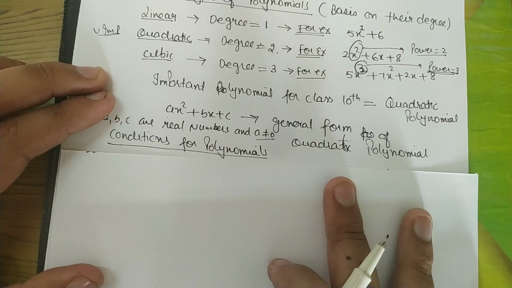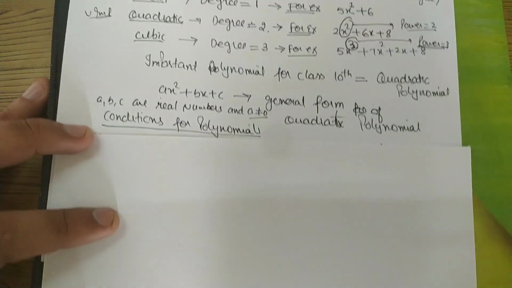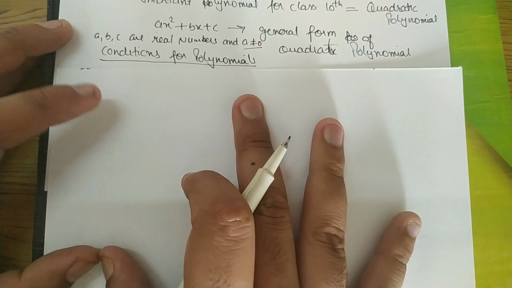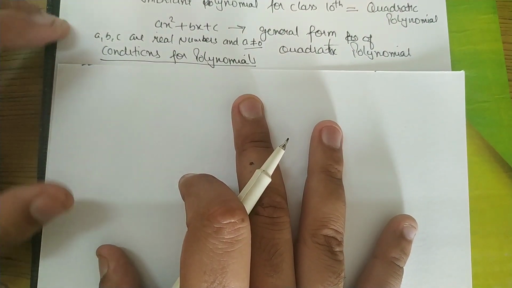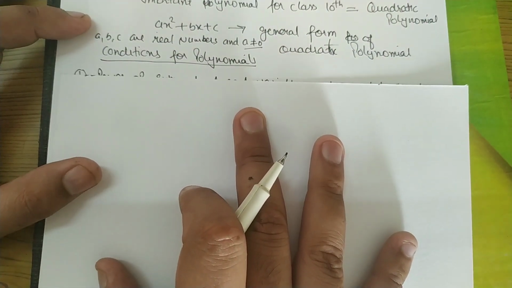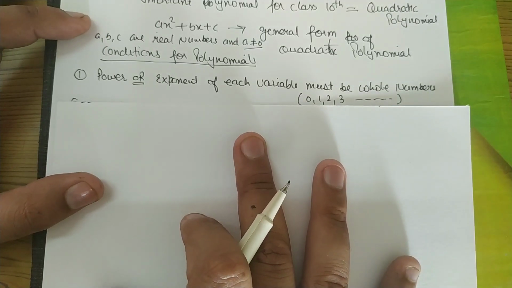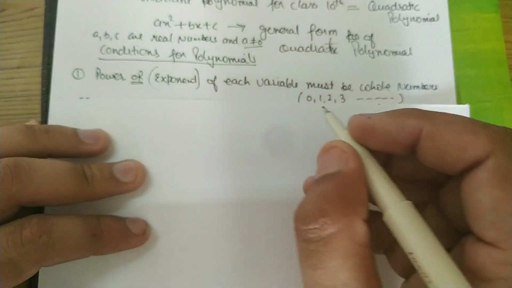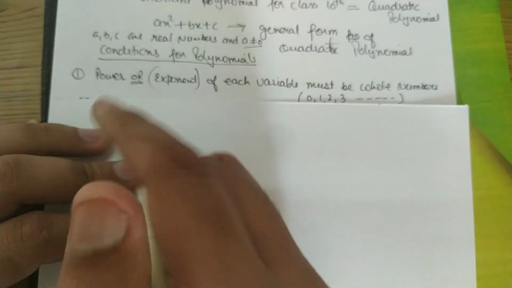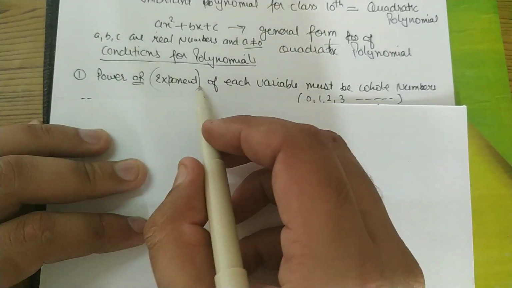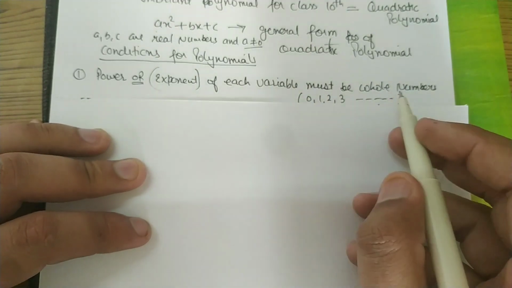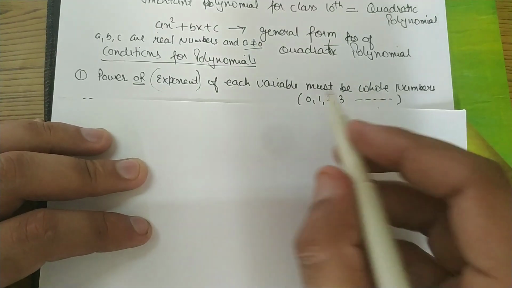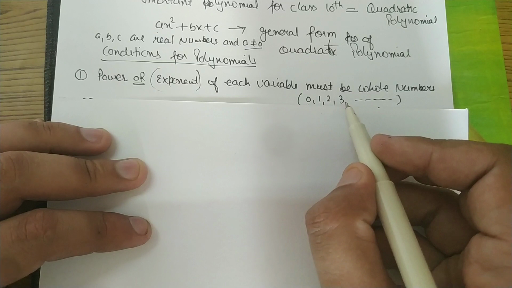Okay, so that is the main condition for you. Now, the most important part of this video is the conditions for a polynomial. So first condition, you will see the power. Power, the other name is exponent. The power or exponent of each variable must be a whole number, for example 0, 1, 2, 3.